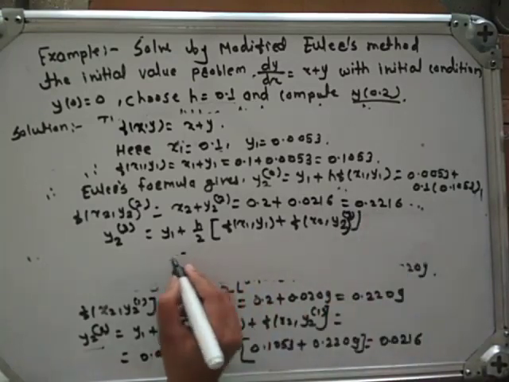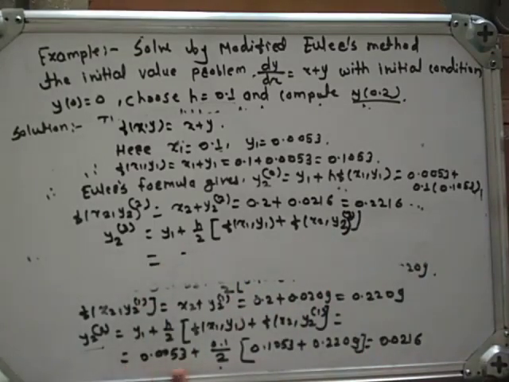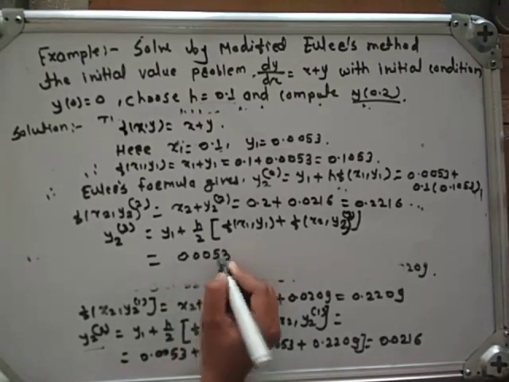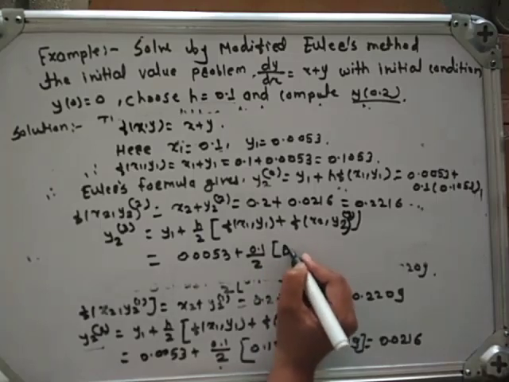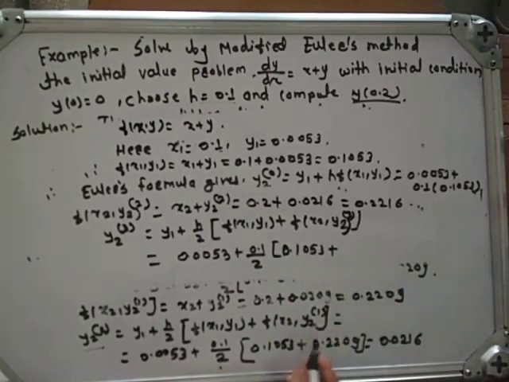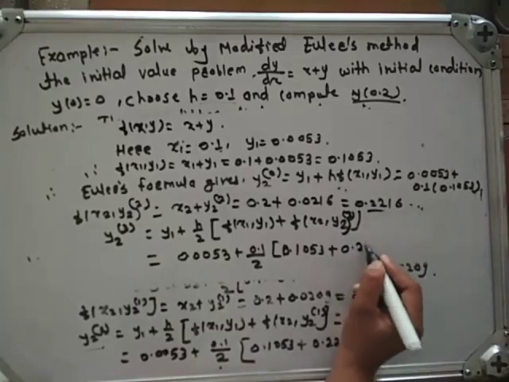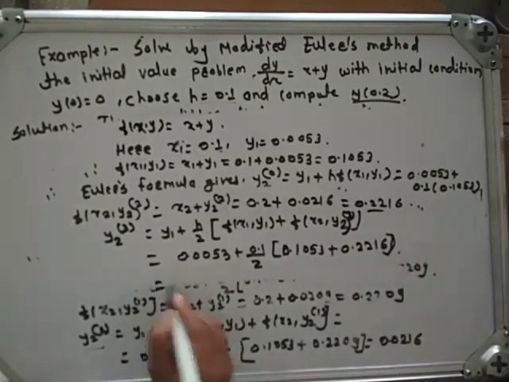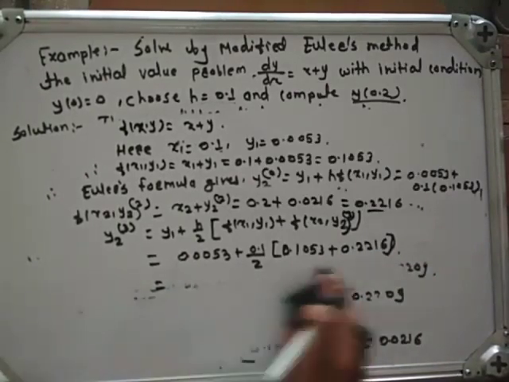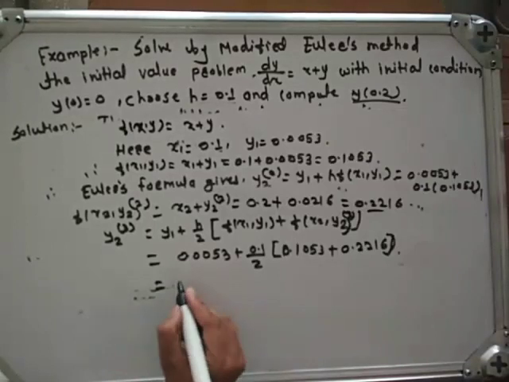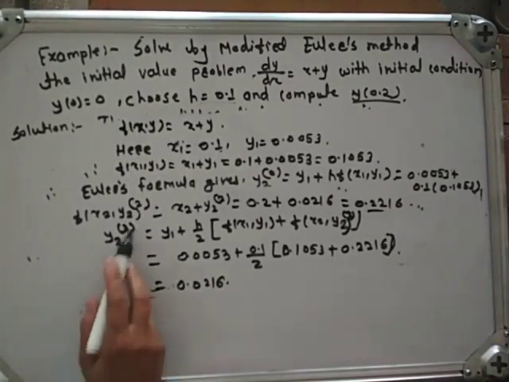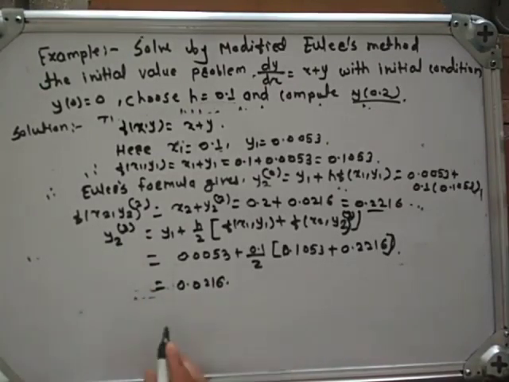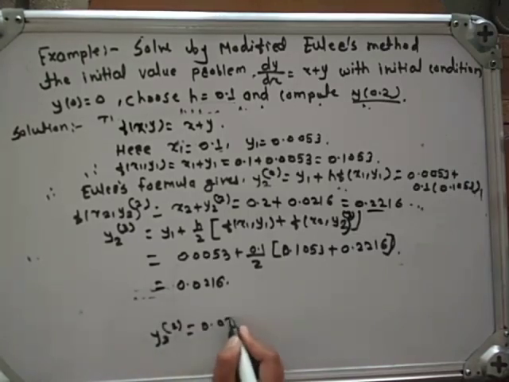So what is the value of y1? y1 is 0.0053 plus h, which is 0.1 upon 2, into 0.1053 plus f of x2, y2 2, which we have calculated as 0.2216. This is equal to 0.0216.